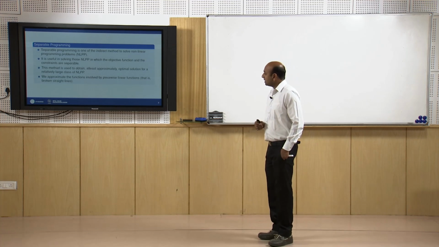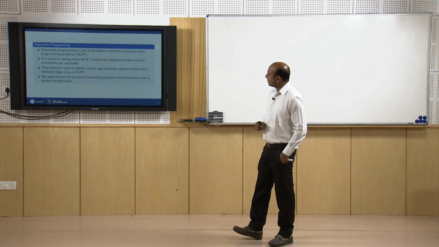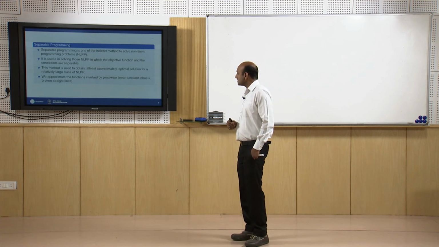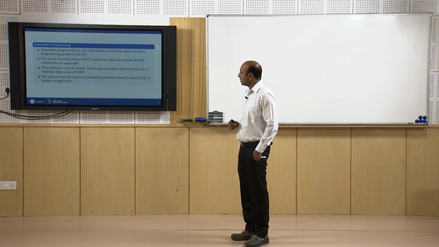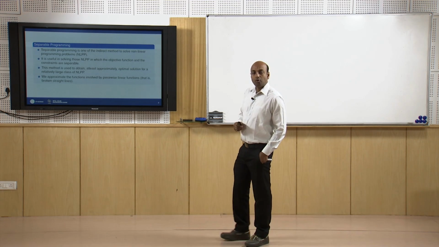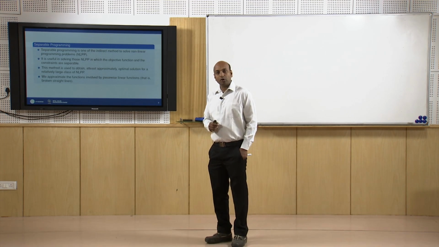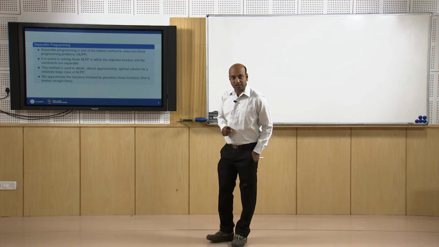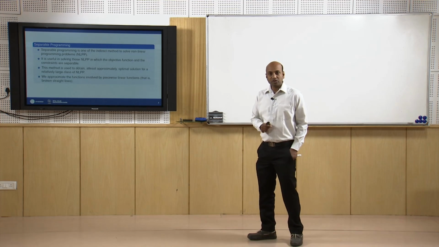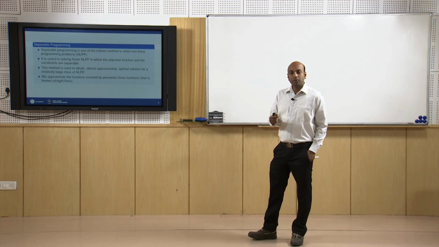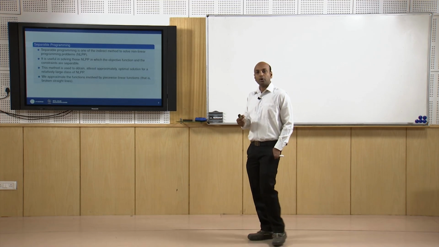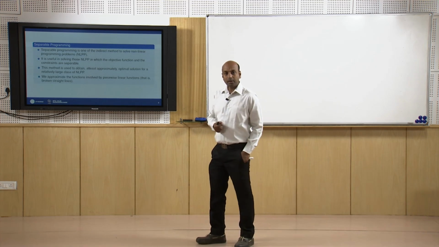We approximate the functions involved by piecewise linear functions, that is broken straight lines. Whatever function we have given in the objective function as well as in the constraints, we approximate those functions by a number of linear functions, by a number of broken straight lines, okay.